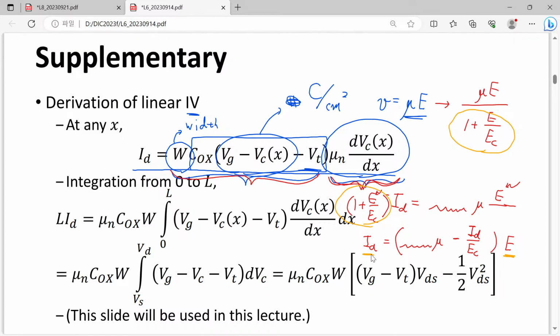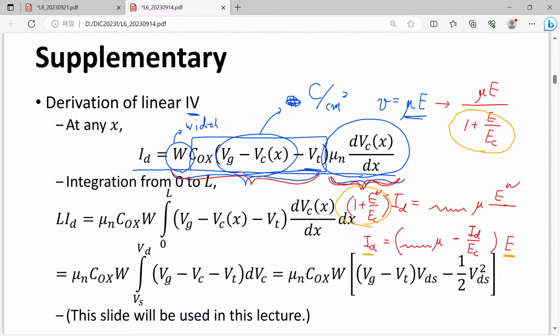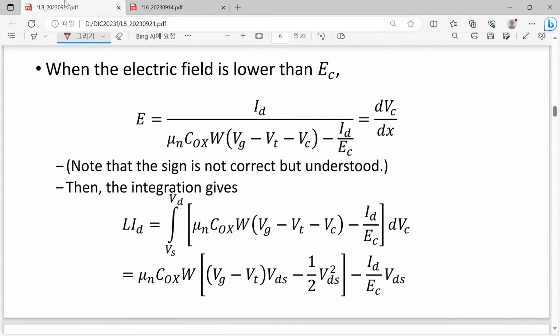I think that it's enough for sketching our derivation, so let me come back to our original material, lecture 8.